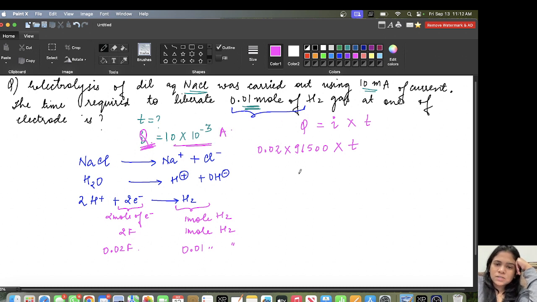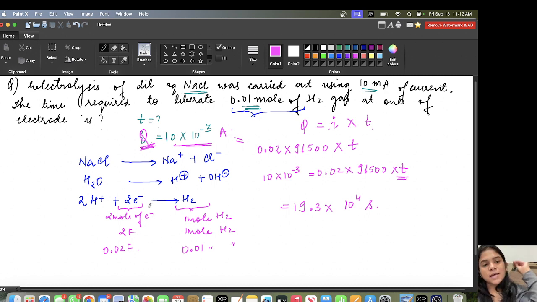So just equate this. 10 into 10 to the power minus 3 times T equals 0.02 into 96500. Just find the value of T. This will come out to be 19.3 into 10 to the power 4 seconds.